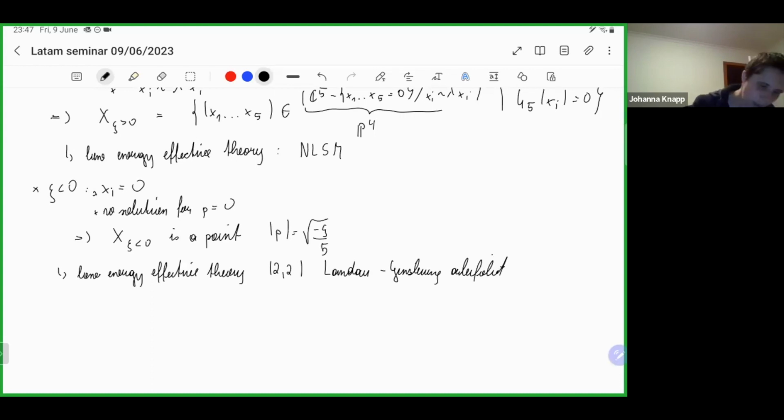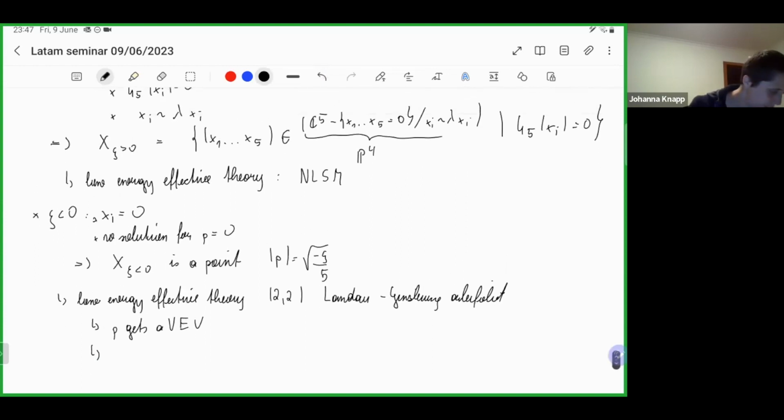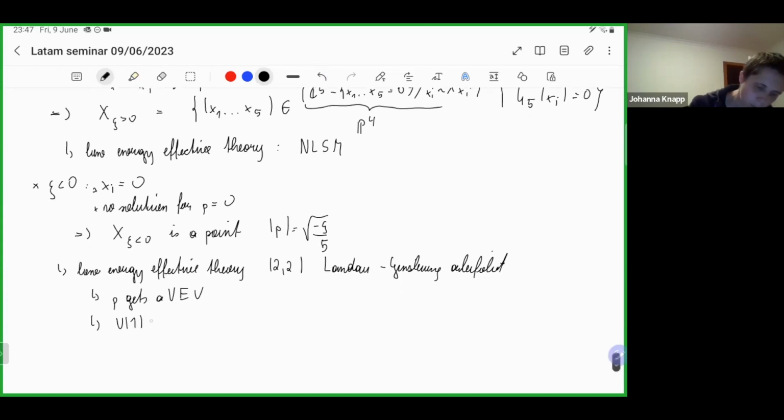So what does that mean? P gets a VEV, a vacuum expectation value, namely the one here. But we can turn on fluctuations of the x's. And because of this VEV and the way this quintic interaction potential looks, the U(1) gauge symmetry we had before is broken to Z5.